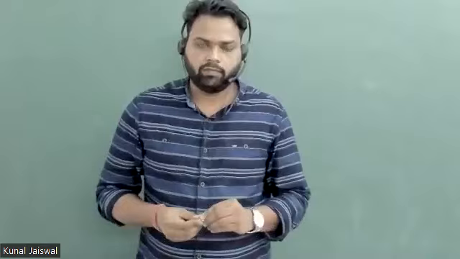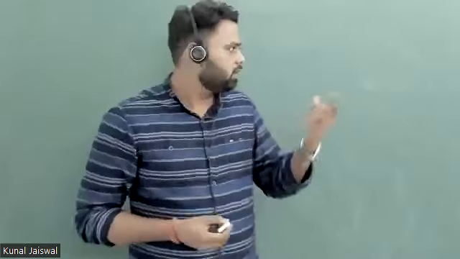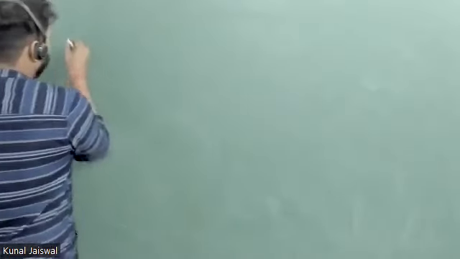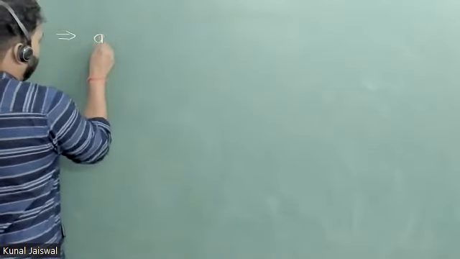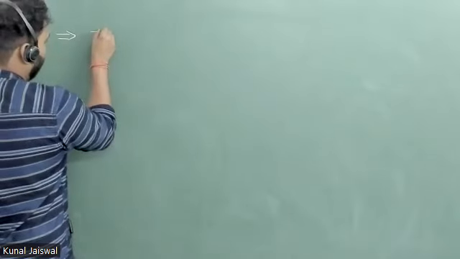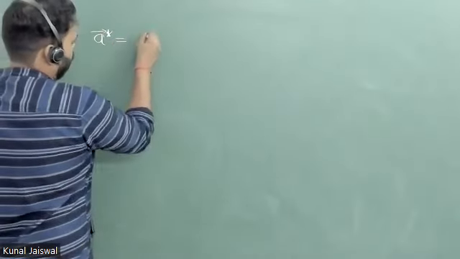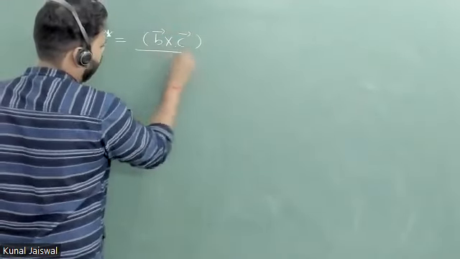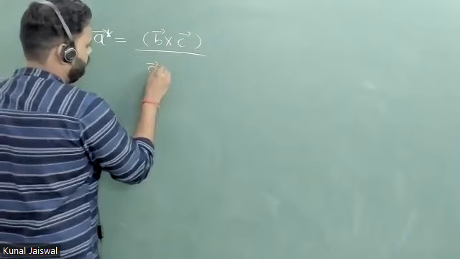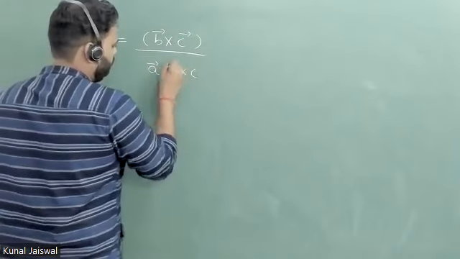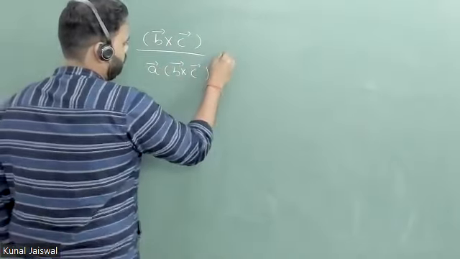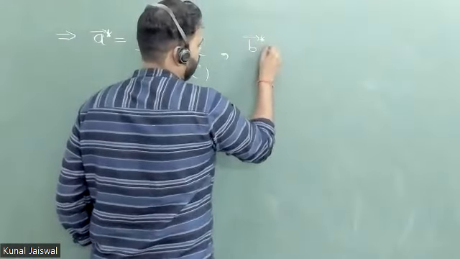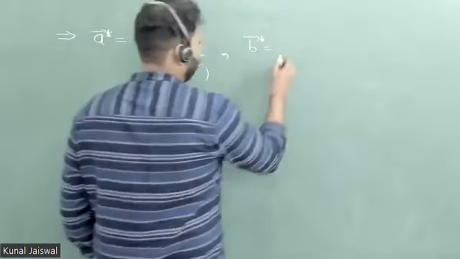And at the end of the class, we arrived at our 3 mathematical expressions. A star vector was equal to B vector cross C vector divided by A dot B cross C. Similarly, B star vector, it was equal to what?